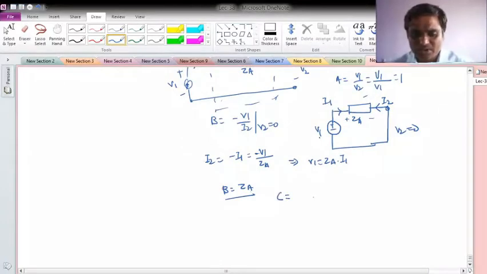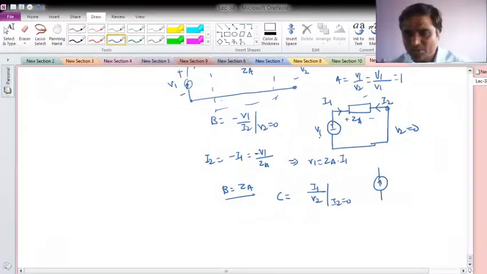Now next, to obtain the C parameter. C is I1 over the voltage at port 2 when the circuit is open. So if I am applying the current source, this is ZA, and I have made port 2 open.